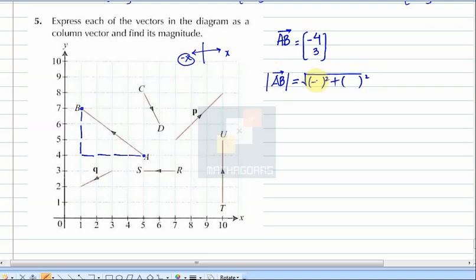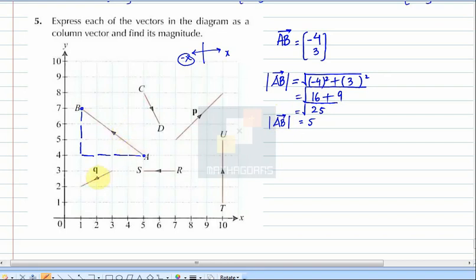So x is -4 and y is +3. -4 square is 16 plus 3 square is 9. 16 plus 9, it's 25, and the final answer is 5. That is the magnitude of AB, right? So I have done the vector and the magnitude of AB.